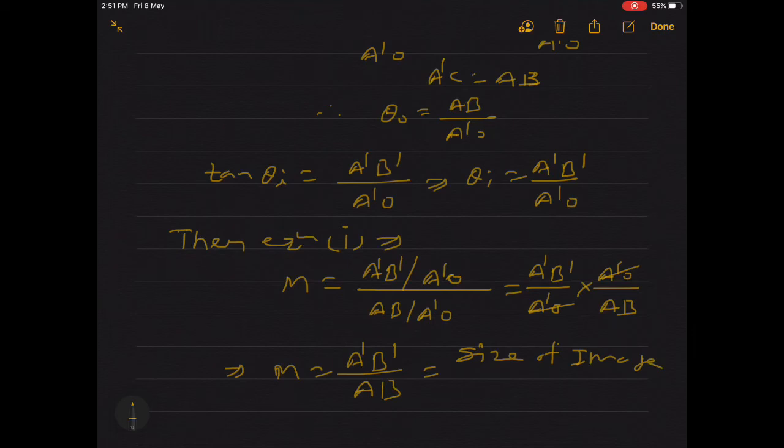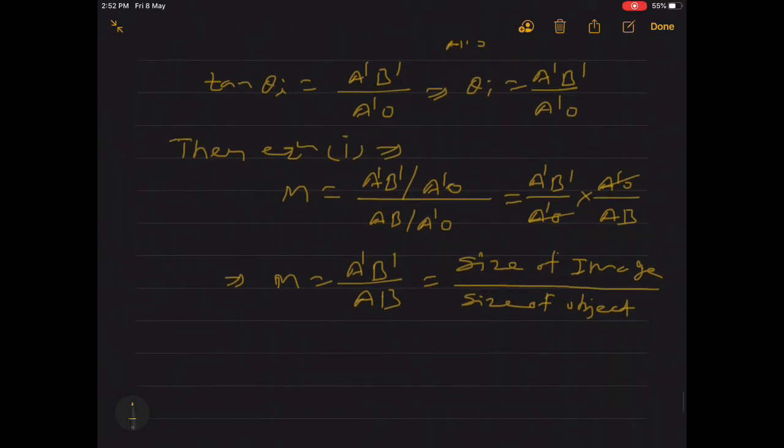Size of image upon size of object. And we know from the definition of magnification, size of image to the size of object can also be written as the image distance upon object distance.